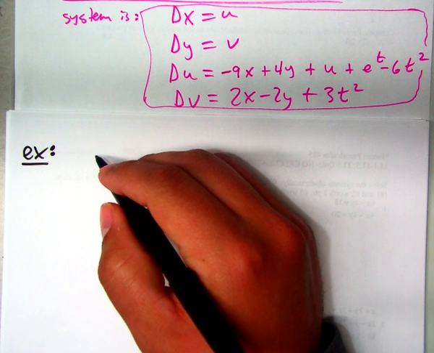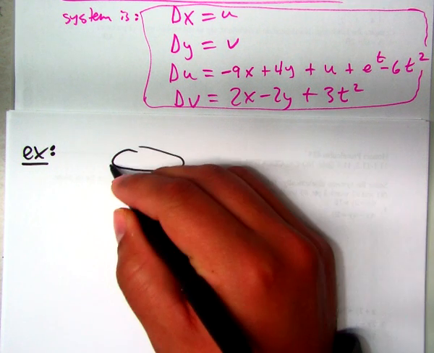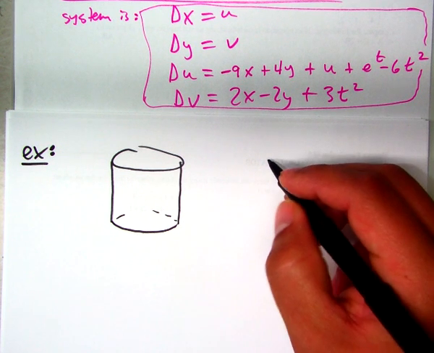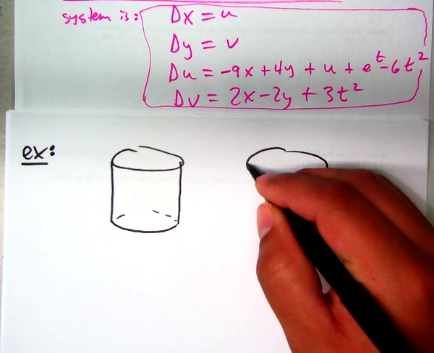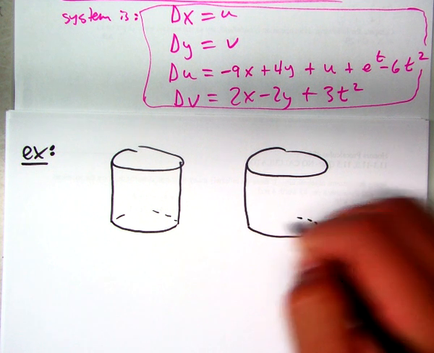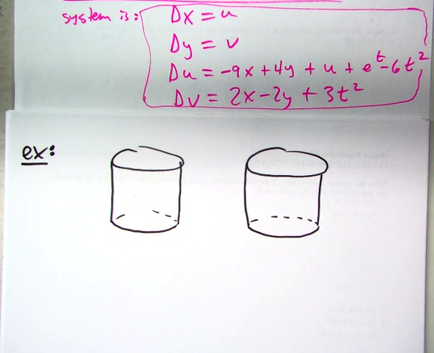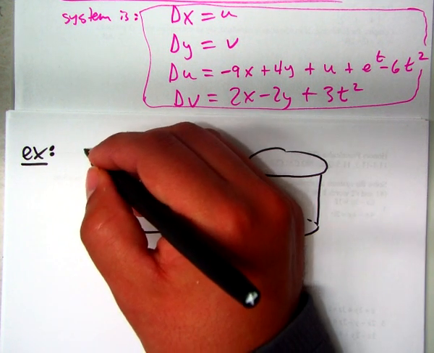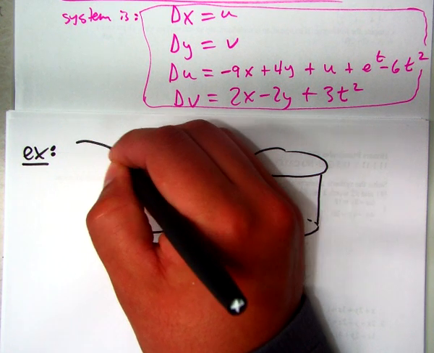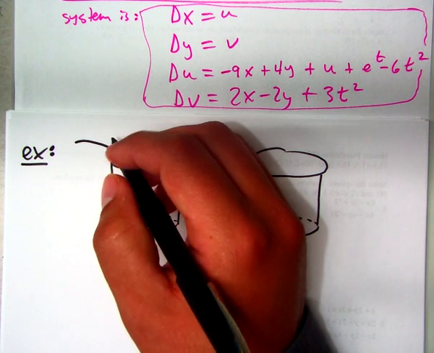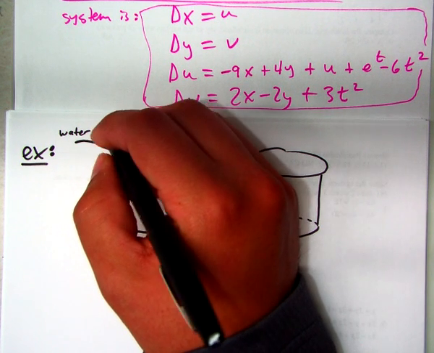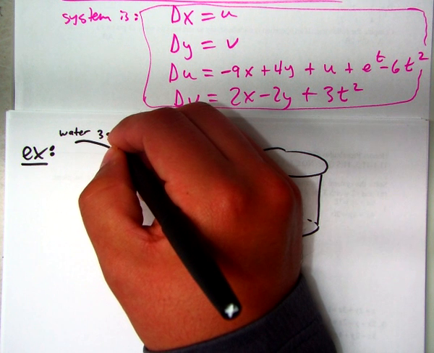So here's an example with a mixture problem. But now we have 2 tanks. And let's say we have water coming in at 3 gallons a minute.